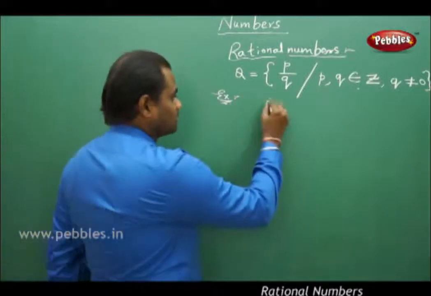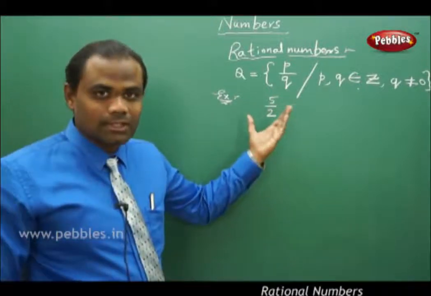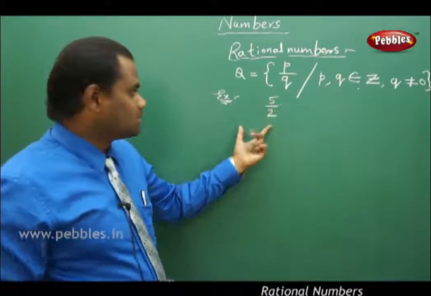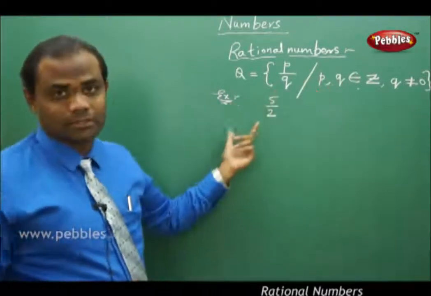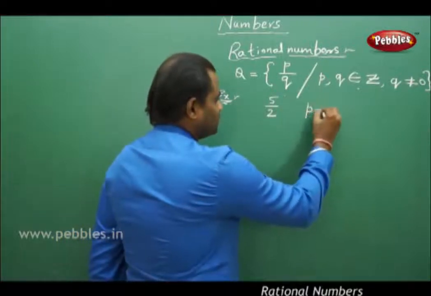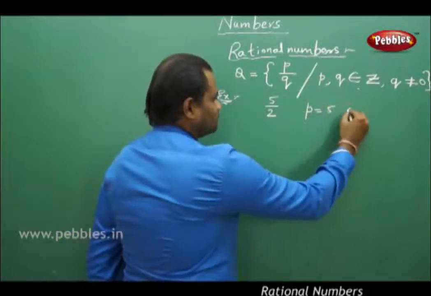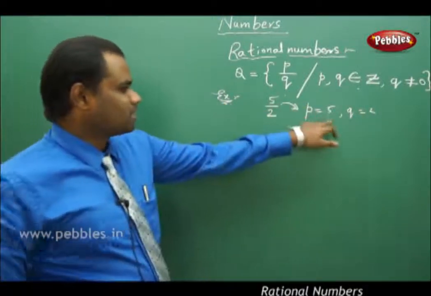Let's see some examples of rational numbers. If I take 5 by 2, I want to know whether this is a rational number. Let's see if it satisfies these two conditions, then we will justify whether this belongs to Q. When I say 5 by 2, my p is 5 and my q is 2.